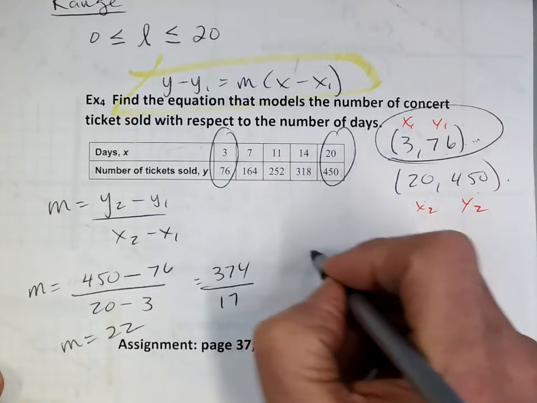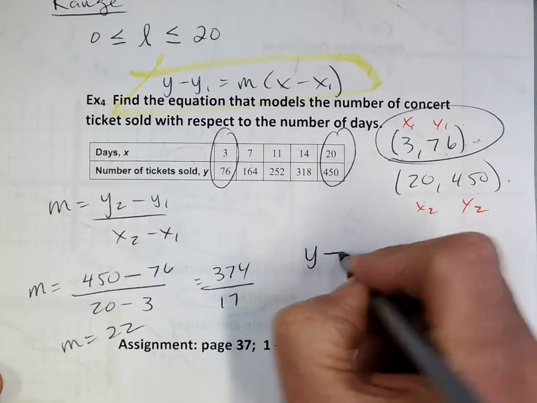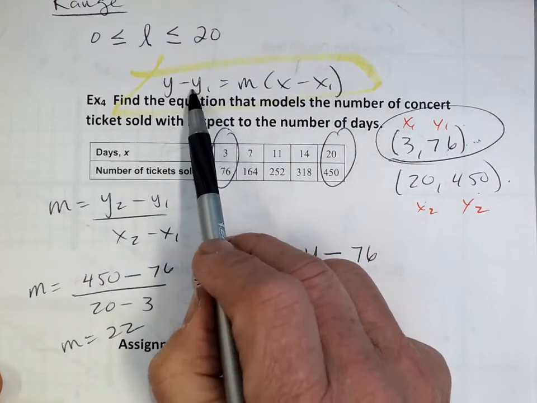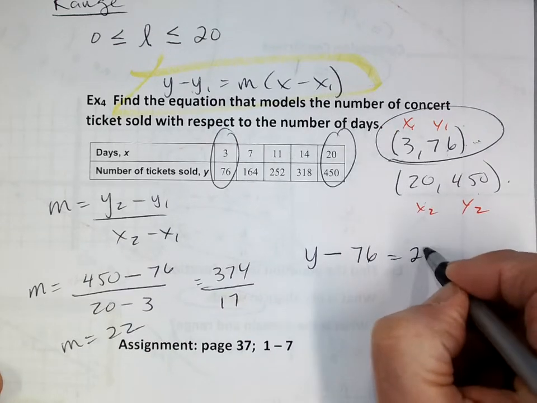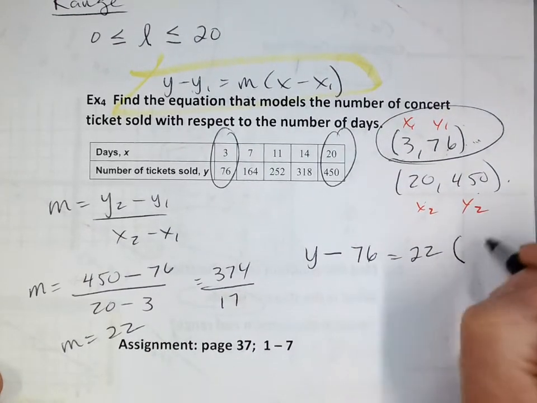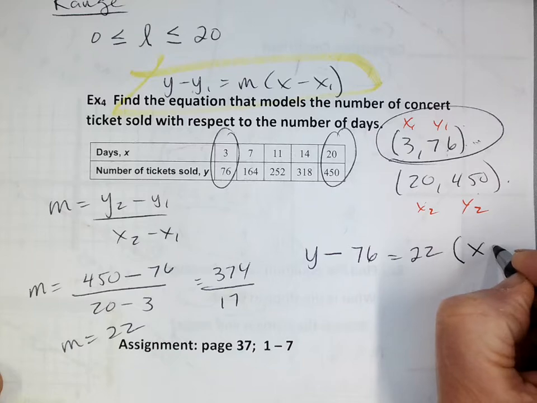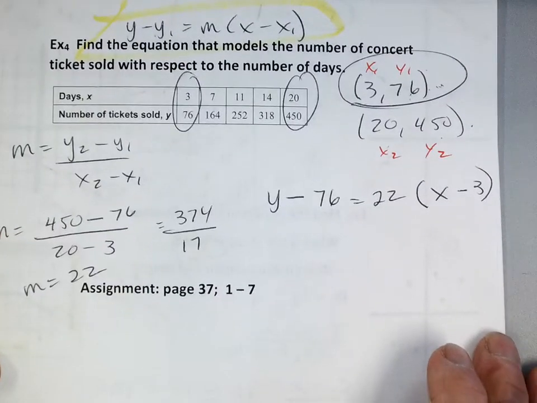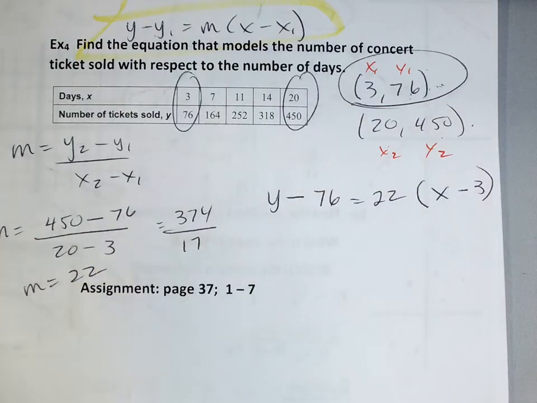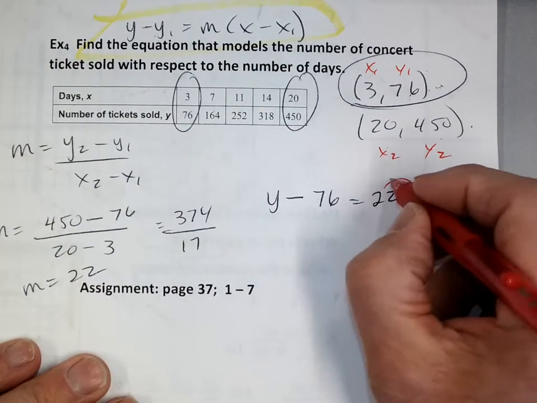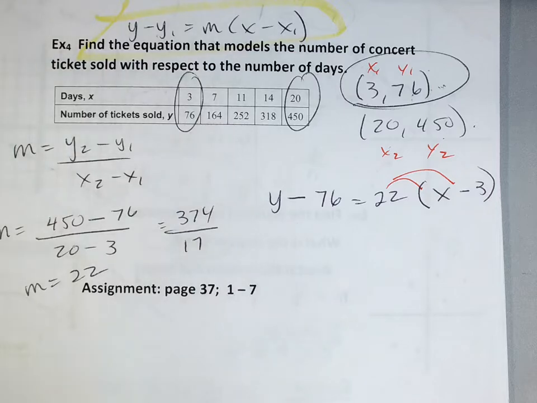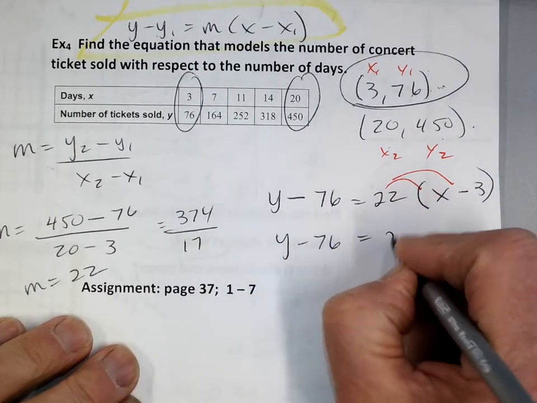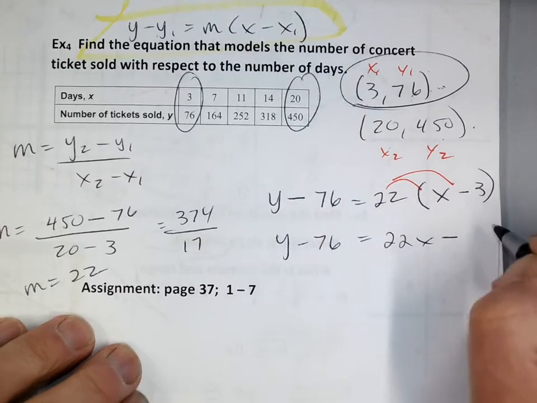So I'm going to go y minus 76 equals 22 times x minus 3. And that times that times that. y minus 76 equals 22x minus, what's that, 66?